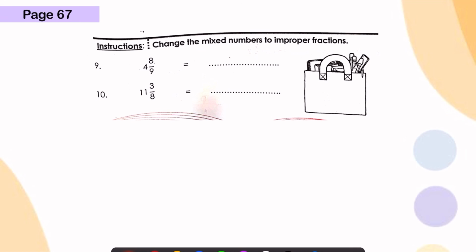And this one, they want you to change the mixed numbers to improper fraction. Easy. So let's see. We have 4 and 8 over 9. To do that, you need to multiply 9 by 4 and then plus 8. Okay, 9 times 4 is 36 plus 8. Then you will get 44 over 9, which is the answer.